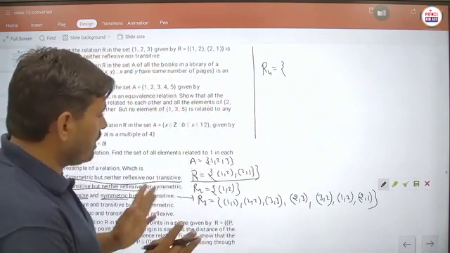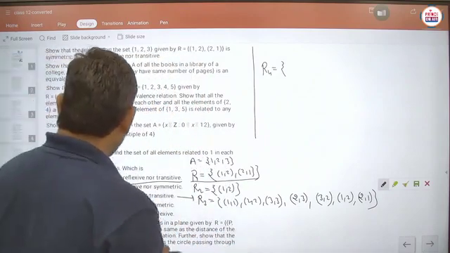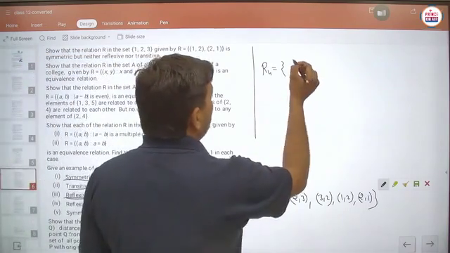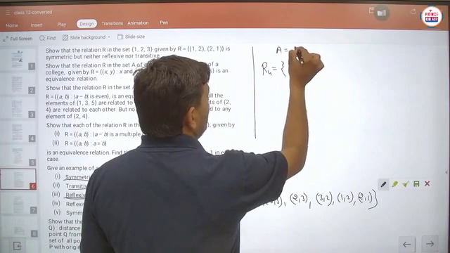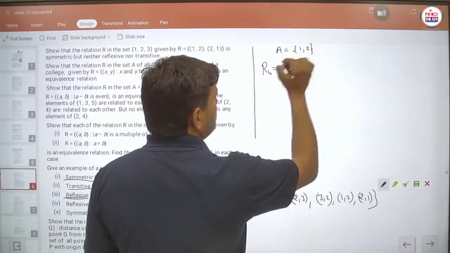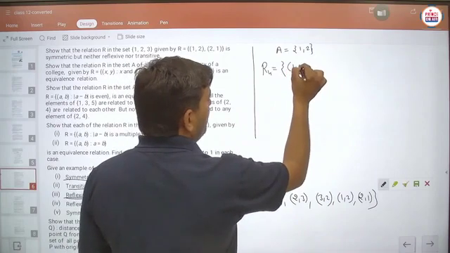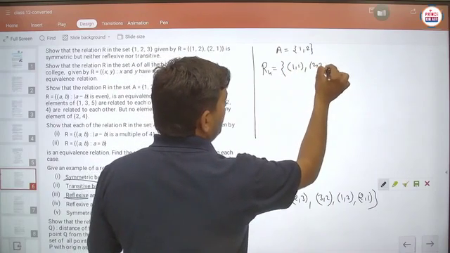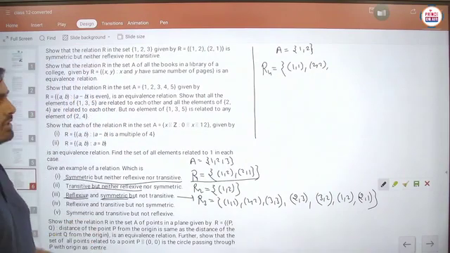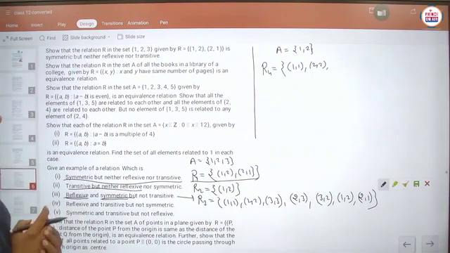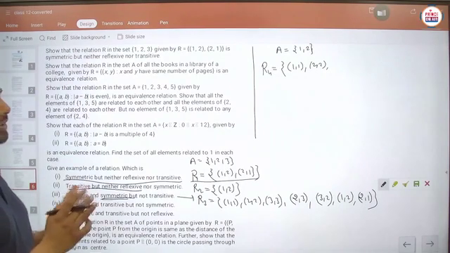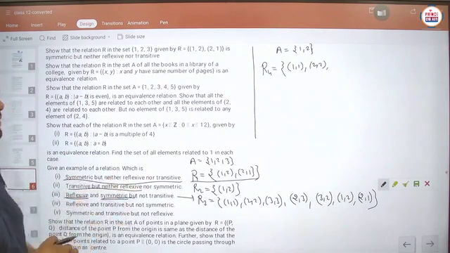So you can make another relation, suppose reflexive, symmetric but not transitive. Take any set A with 1 comma 2 only, then we write 1 1 and 2 2. Now it is reflexive, symmetric and transitive, but we have to write down some cases which make this particular relation not transitive.